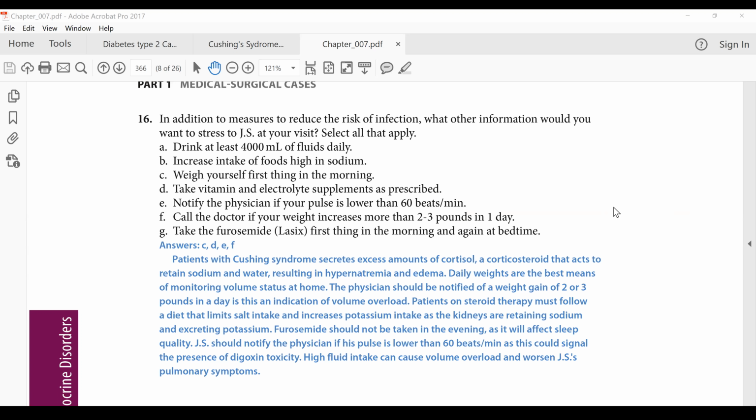All right, so the other thing I didn't talk about is how we treat Cushing's. We should be preparing for them to have surgery, like a hypophysectomy, which is basically removal of what gland?